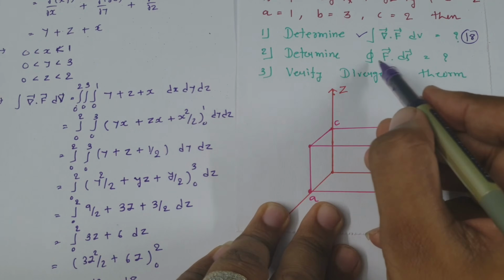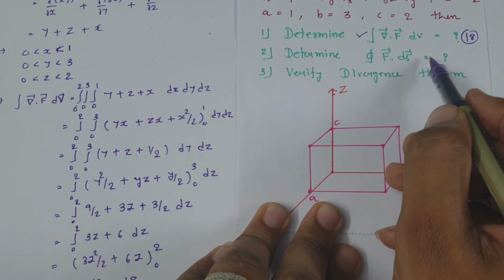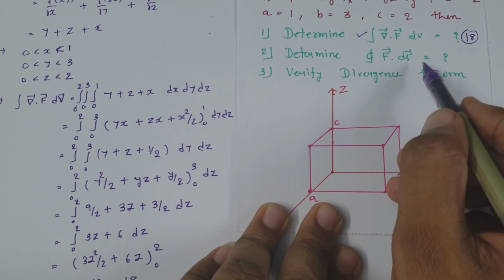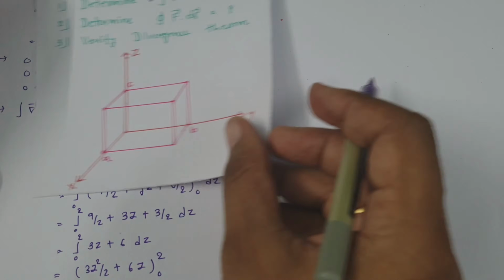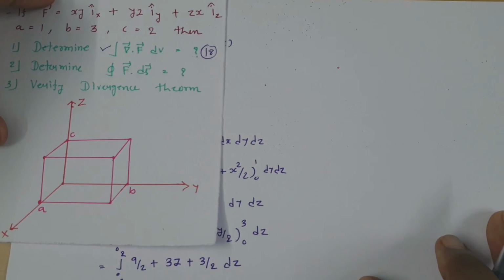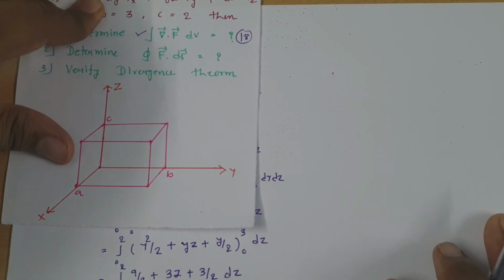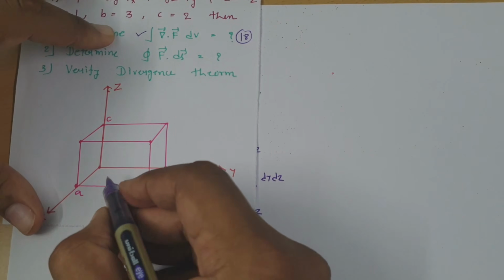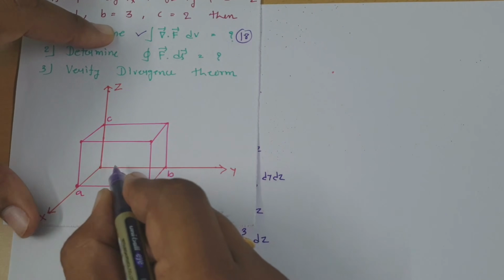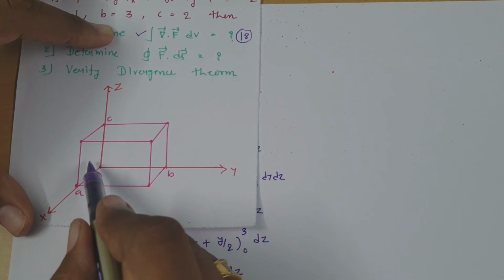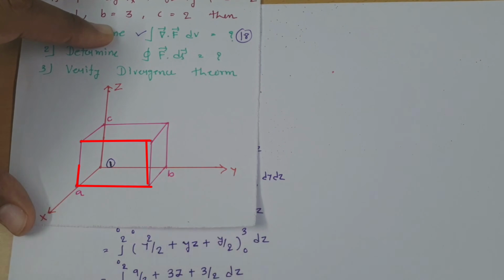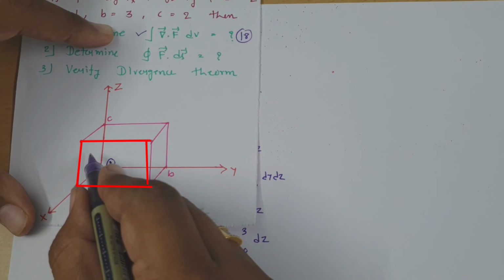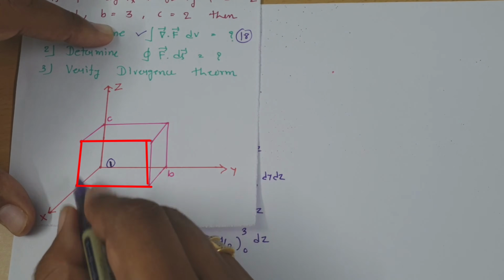Now see, this has to be 18 even, but now I'll explain to you how to calculate this step by step. So we will do this for each surface one by one. So let us consider this outward surface, that is the first surface.